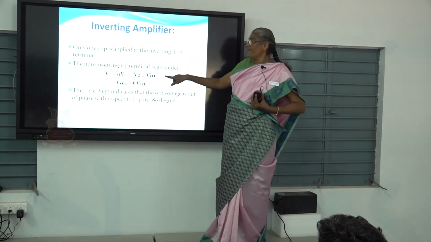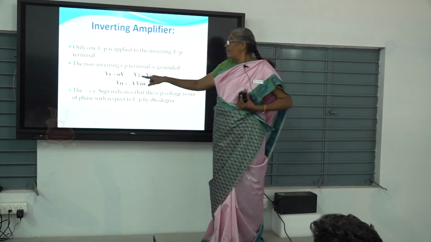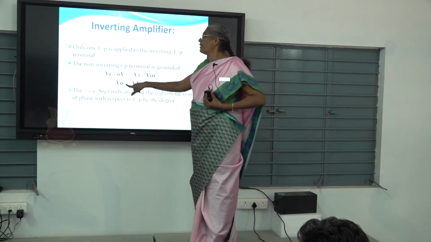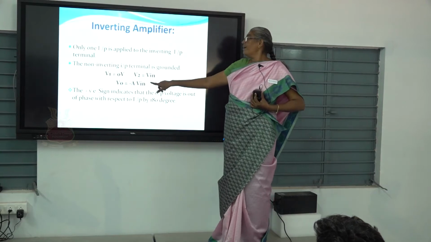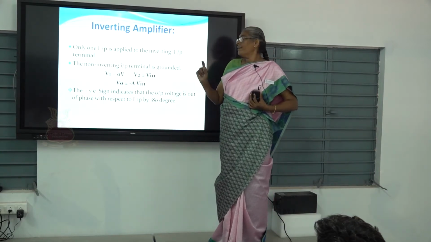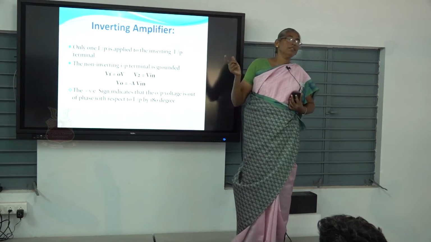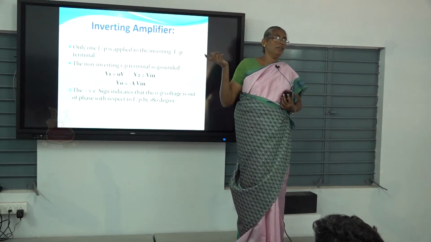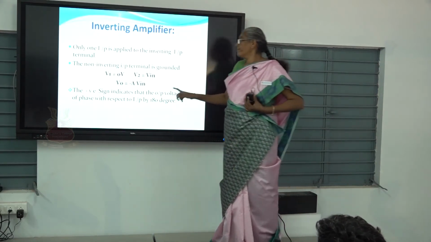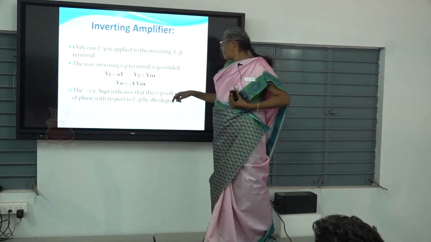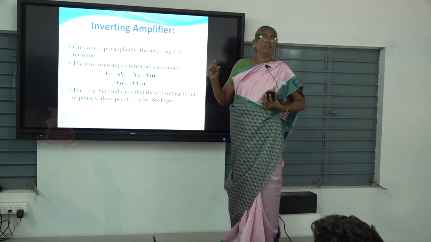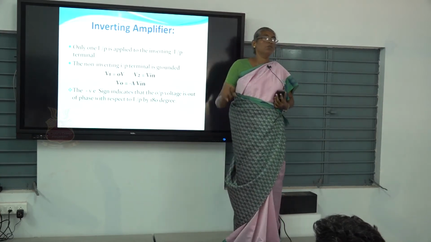When some input is applied at V2, we get the output V0 equal to minus A times V input. A is the gain. Gain is equal to output divided by input. The negative sign indicates the output voltage is 180 degrees out of phase.